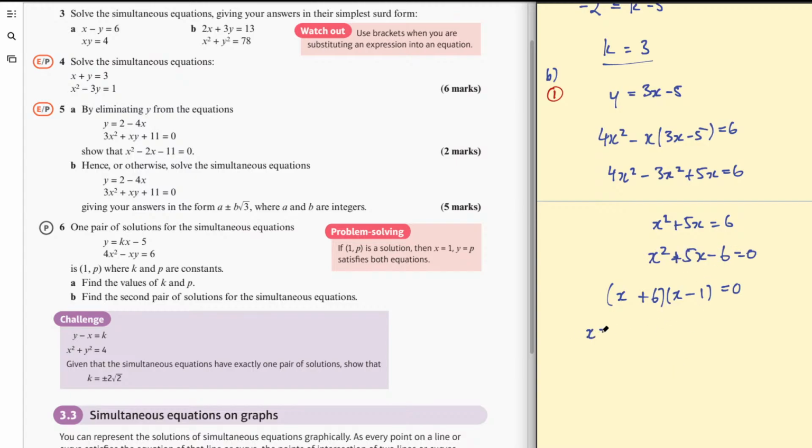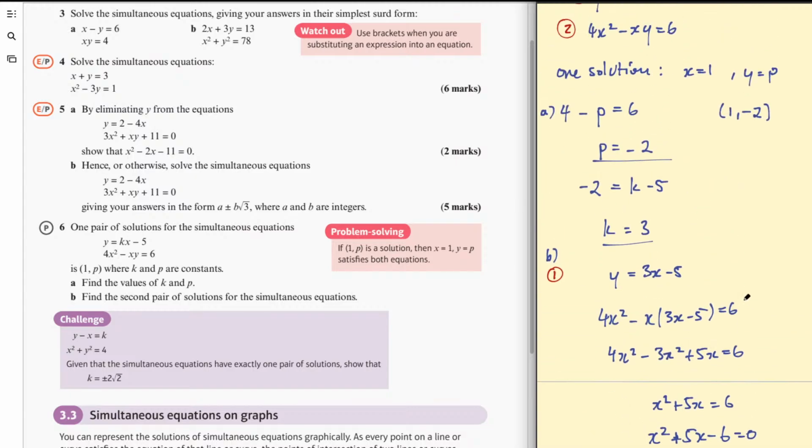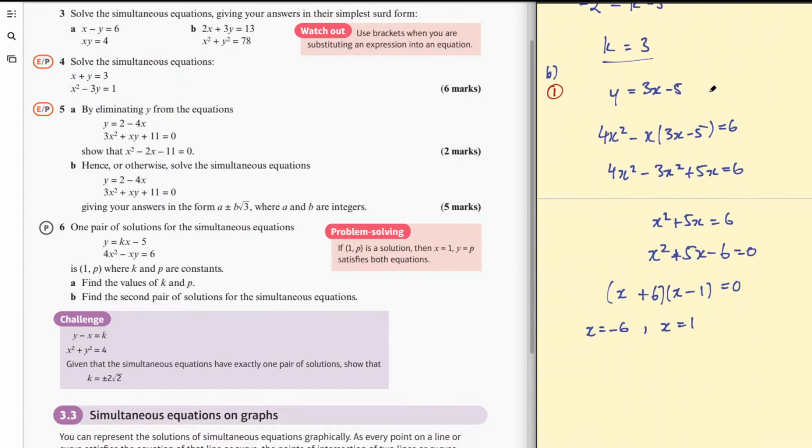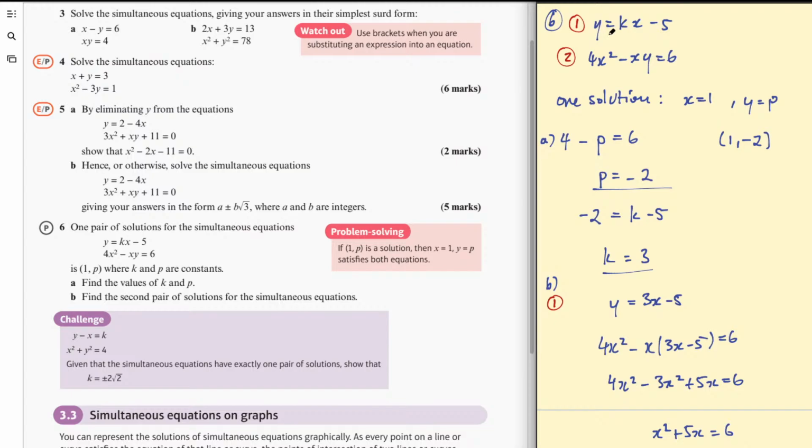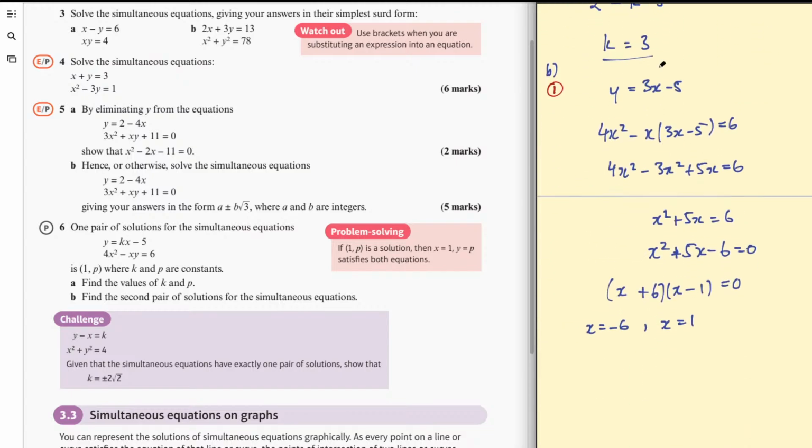So here my solutions for x are -6 and x equals 1. We've already considered when x equals 1, so now we have to solve for x equals -6. So using the first equation, we can say y equals -18 take 5. This is equal to -23.